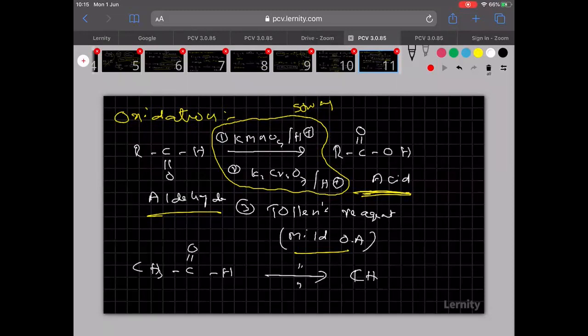The product formed is CH3-COOH. What is the name of the acid formed here? Ethanoic acid we can call, or even acetic acid, both are the same. So this is oxidation of what? Aldehydes.